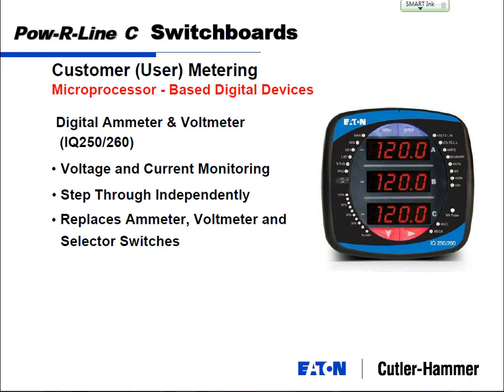The most basic is what I'll call a digital ammeter and voltmeter. It's a meter with a nice little display, lets you see amps, lets you see volts, gives you a few other things to step through in there, and that's a basic walk-up-to-the-meter-and-read-it kind of information.